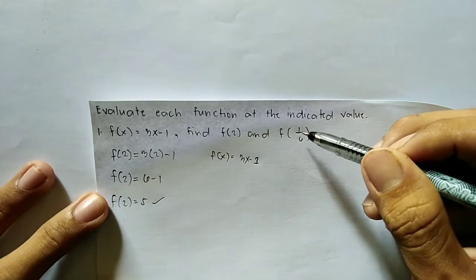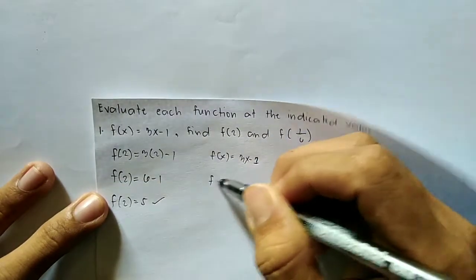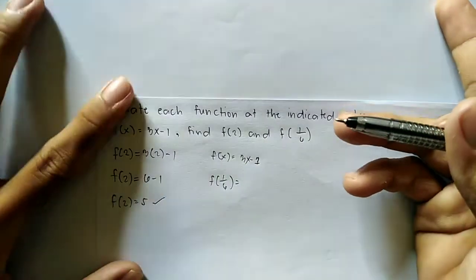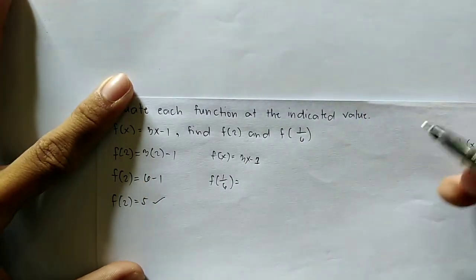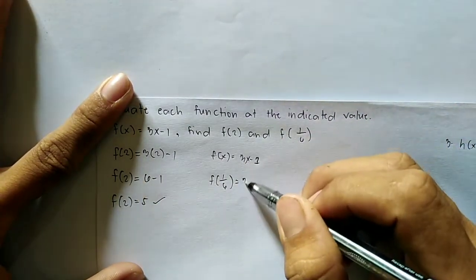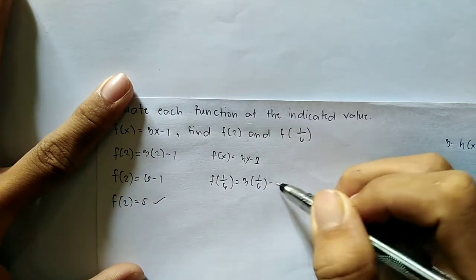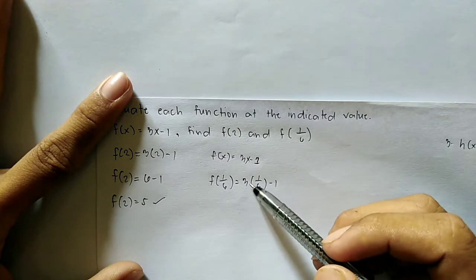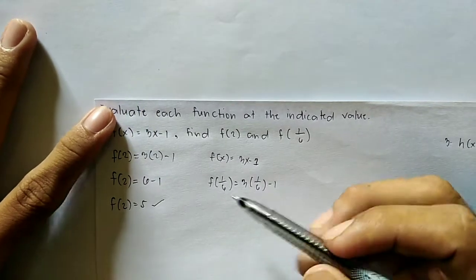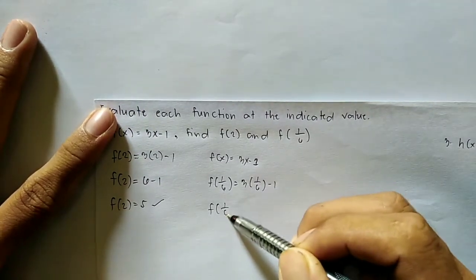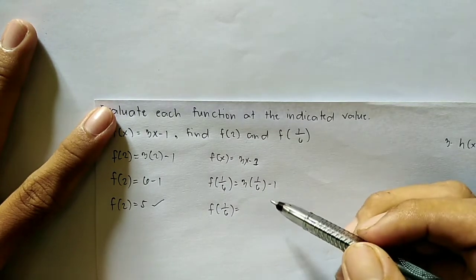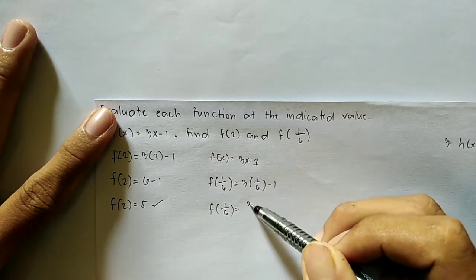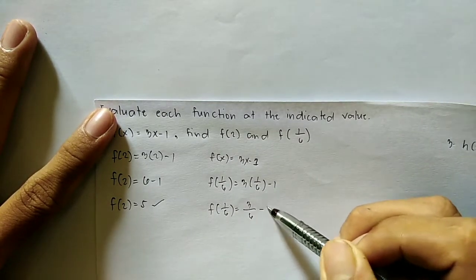We substitute x with 1/6. So f of 1/6 equals 3 times 1/6 minus 1. Again, just substitute the indicated value into the function. So f of 1/6 equals 3 times 1/6, that is 3 over 6, minus 1.